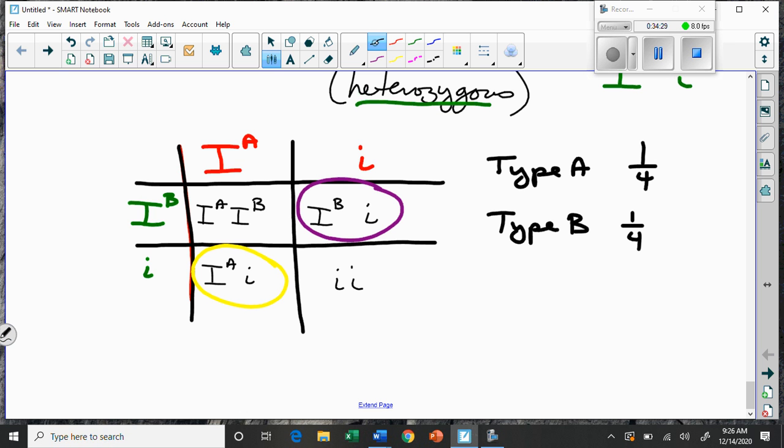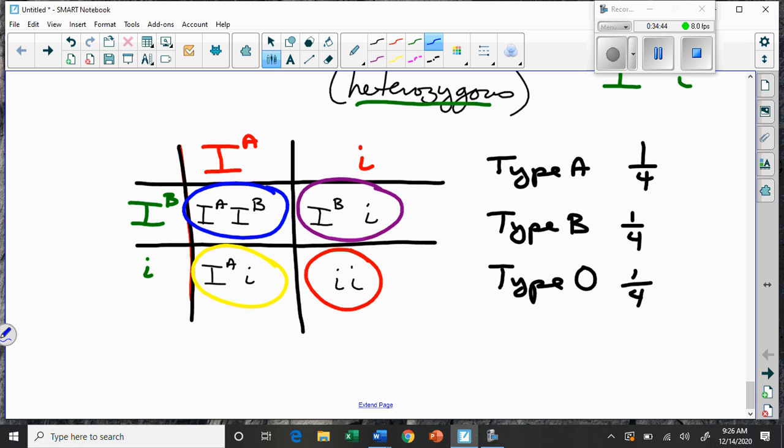Then there's another possibility of getting type O, which is this one. So that's 1 out of 4. And then the other possibility is a codominant situation, which would be type AB, which is also 1 out of 4. So in this cross, we can get an equal chance of all the possible blood type combinations.